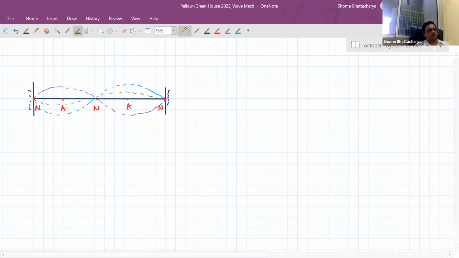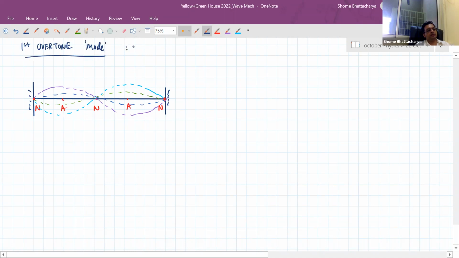So the next possible frequency at which it can vibrate will correspond to this particular shape. This is called the first overtone mode, because it's the next higher frequency possible after the fundamental.